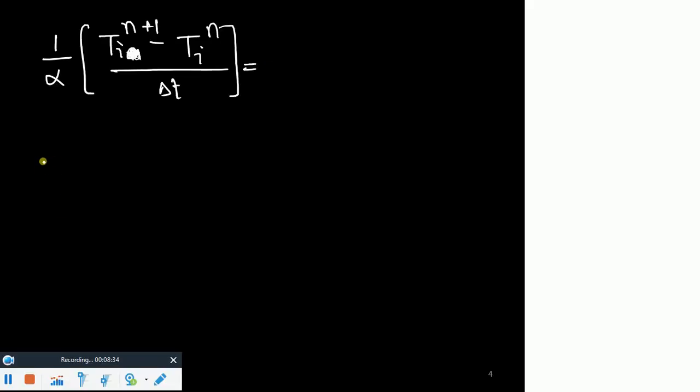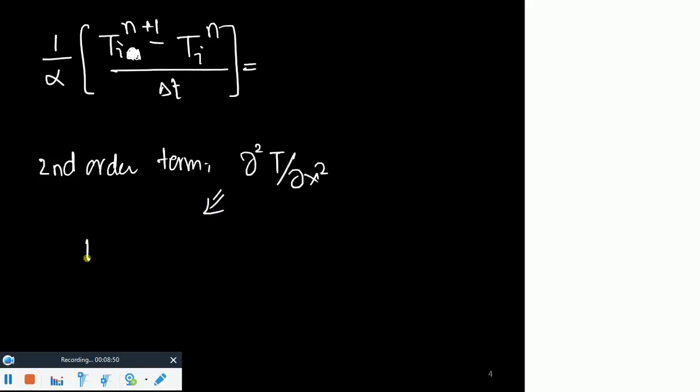But anyways, for the second order term, what do I mean by second order term? I am talking about partial square t by partial x square. So I would approximate this term like ti plus 1 n. I am not changing the time index now, I would be changing the I index.